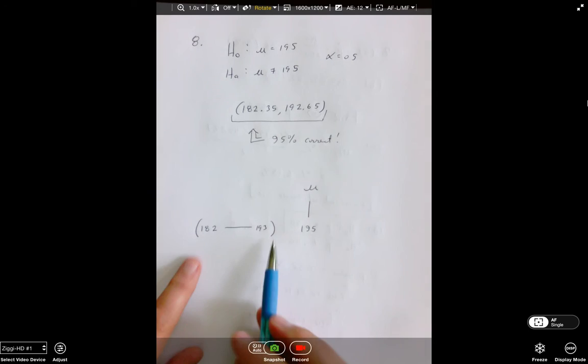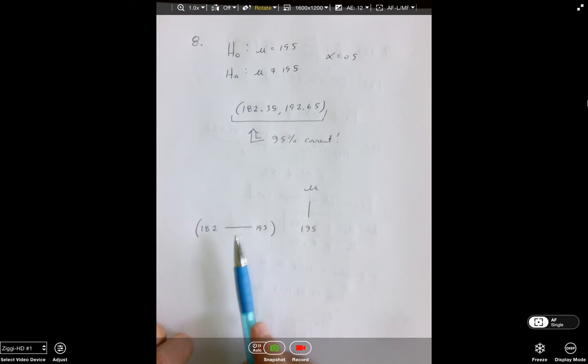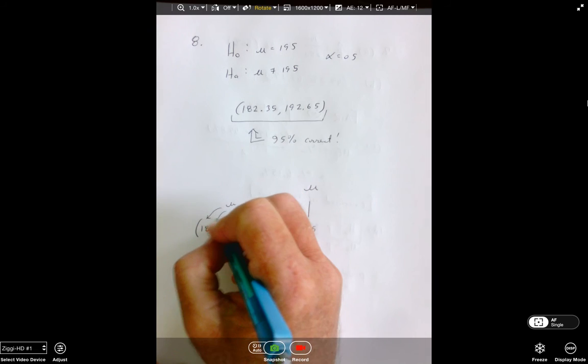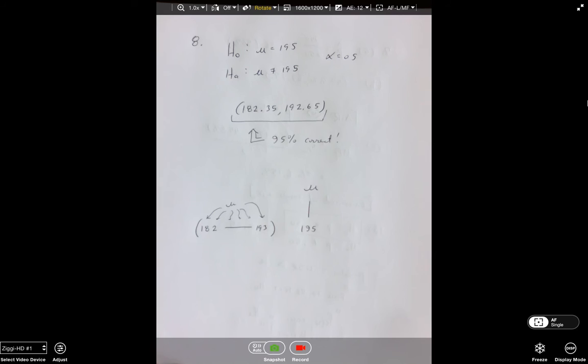So what we can conclude is we should reject the null because our confidence interval, which is 95% of the time right, it's a horrible way to say it, but it's a decent way of thinking about it. There's a 0.95 probability that this interval contains mu. It's in there someplace. But the hypothesized value of mean isn't in there.